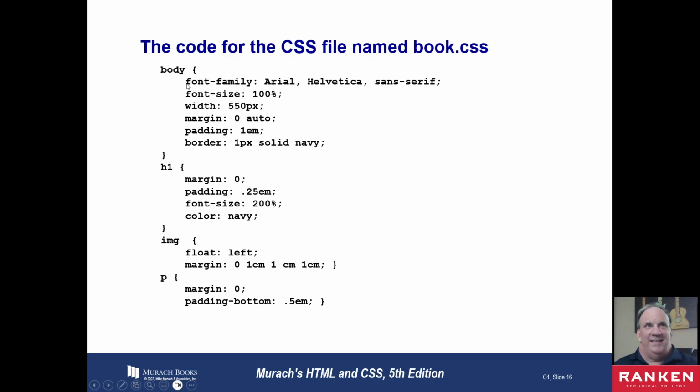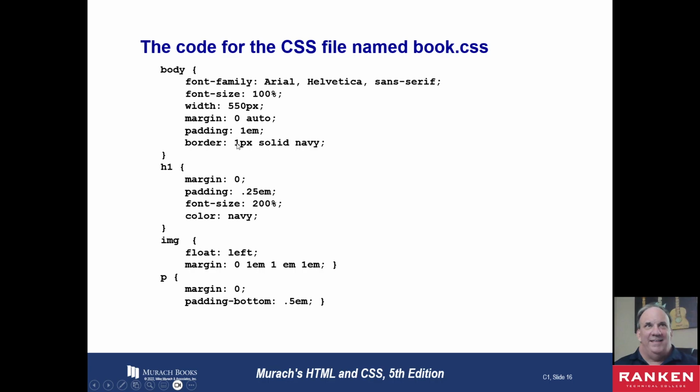So when we go in here, we see that this is a selector of body. These are the selectors, and the selectors are HTML elements, like H1. So what we're saying here is, for this body, this is the formatting we want. For the H1, the heading tag, this is what we want to use.